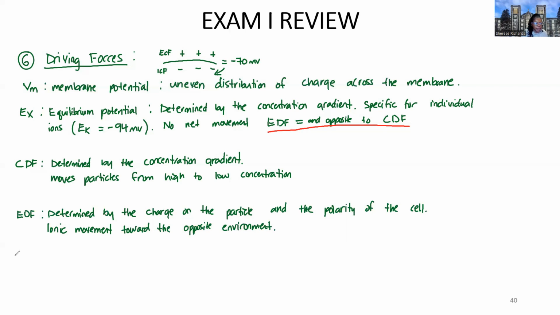All right. Now we can combine those two forces and think about our ECDF, our electrochemical driving force, which is really the sum of both forces. Okay. And in our algorithm that we drew, definitely go over that algorithm as well.